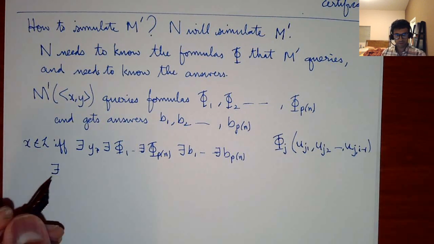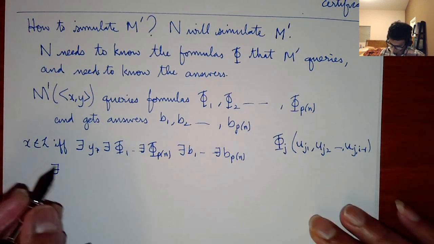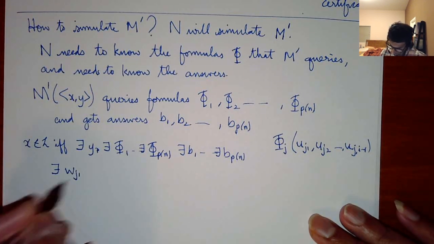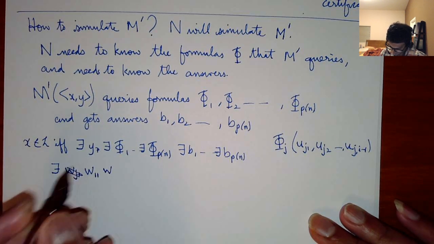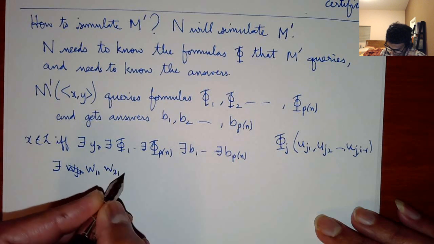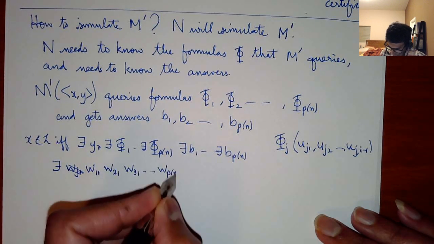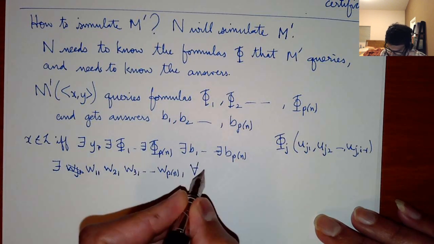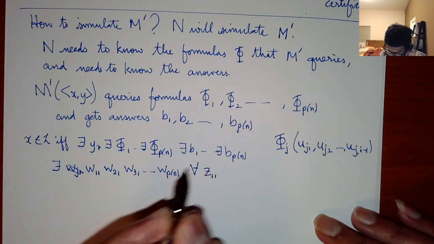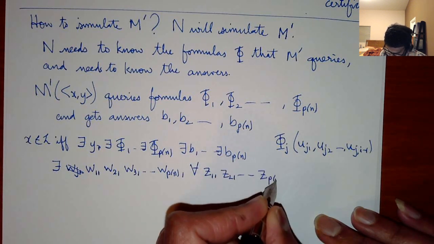I'm going to use other symbols here. I'm going to use y and I'll use w and z. W11, W21, W31 up to WPN1. I'm also going to take for all Z11, Z21 up to ZPN1.